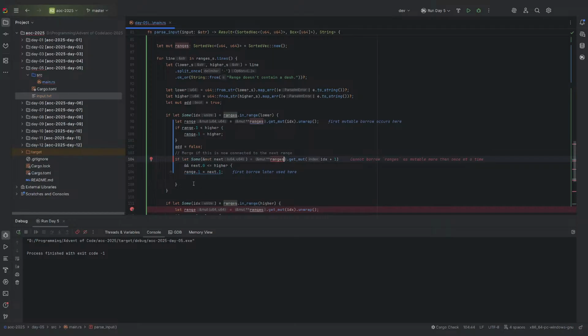Right, because that's mutably borrowing twice. Do that after. Yeah, that is annoying.